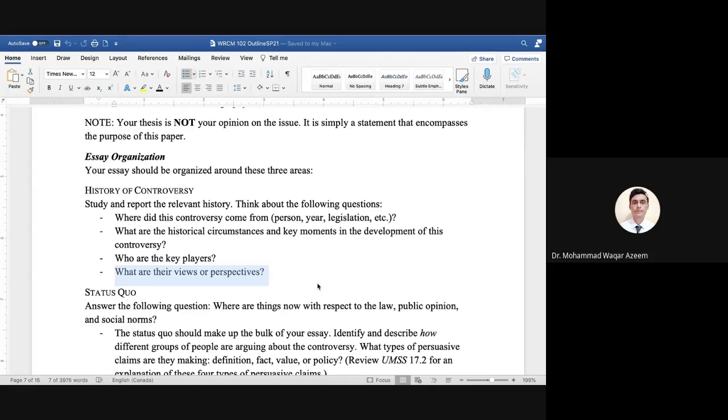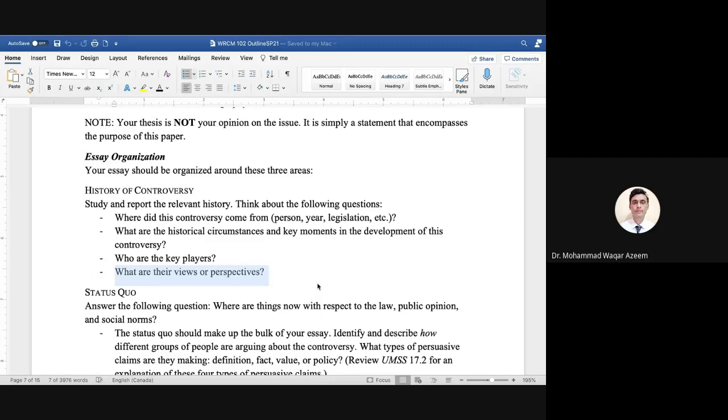Again, there are names associated with that. You need to trace those names. Okay, these are the individuals, right? So once you name those individuals, you can better explain the development of that particular controversy. All right.